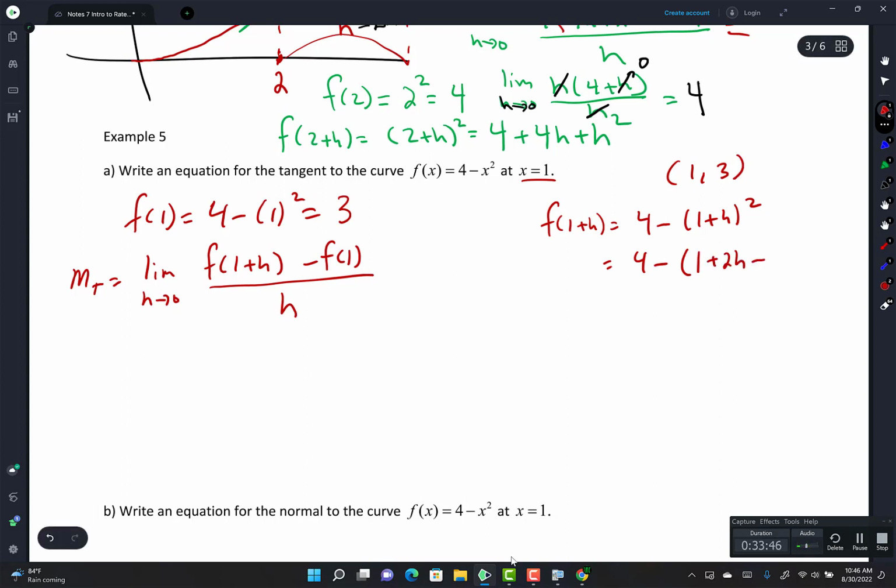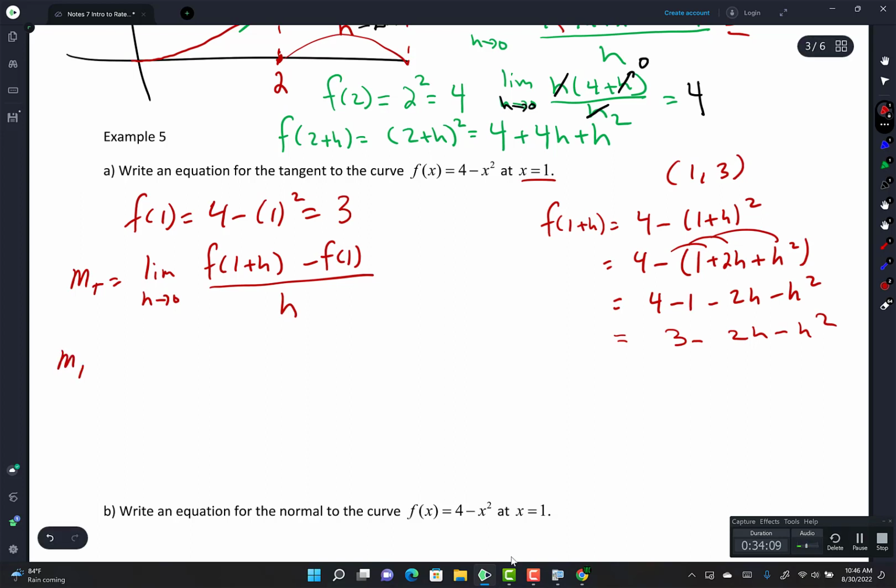So 2h. h times h, h squared. Distribute the negative. 4 minus 1 minus 2h minus h squared. What's 4 minus 1? 3 minus 2h minus h squared. Are we still okay? All right, here we go.